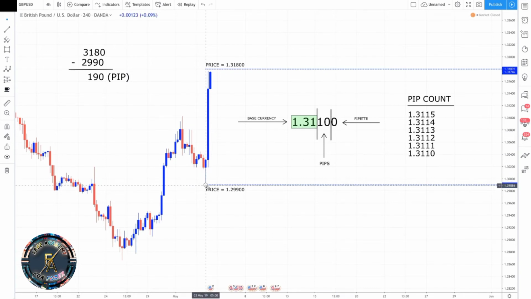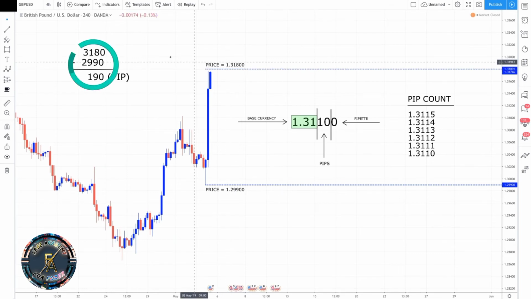Let's say we were looking to buy the GBP/USD right here at this wick of 1.29900. And then the GBP/USD rose and came right over here to 1.31800. To find out what the pip count is, we simply subtract the pips inside of the number.